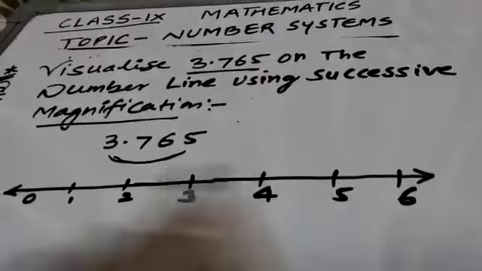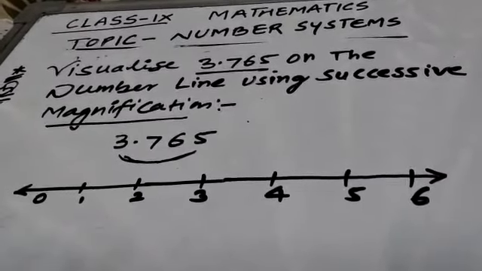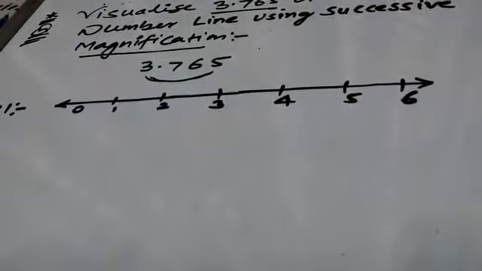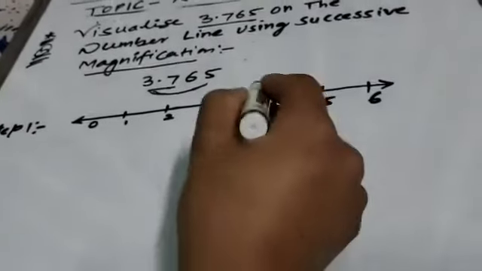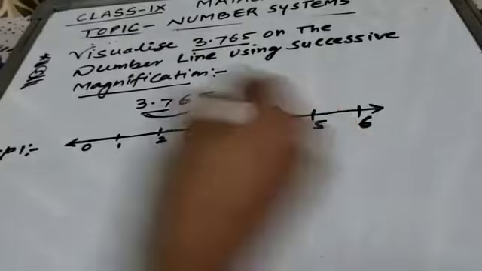This is step 1. In step 2, you have the number 3.765. You can see 3.7 will lie between 3 and 4. Now you will magnify 3 and 4.